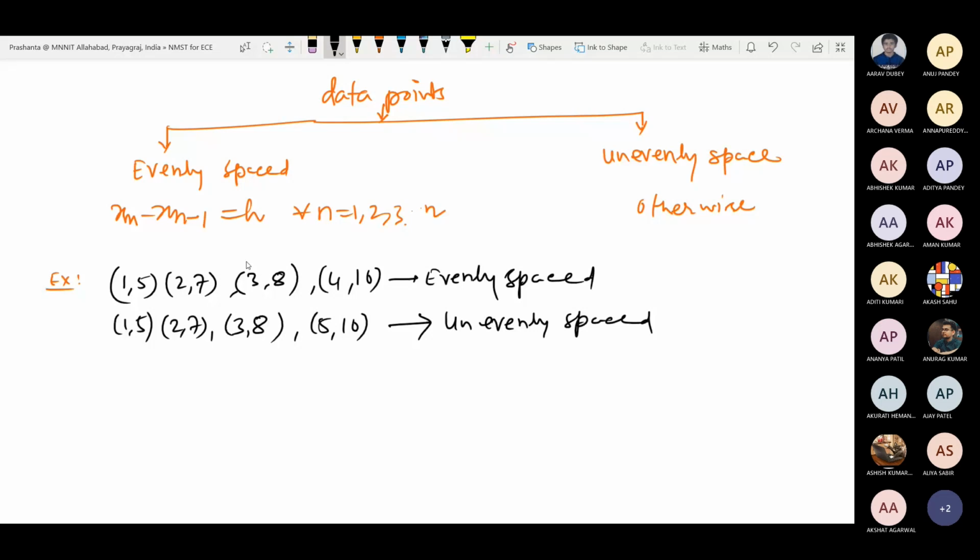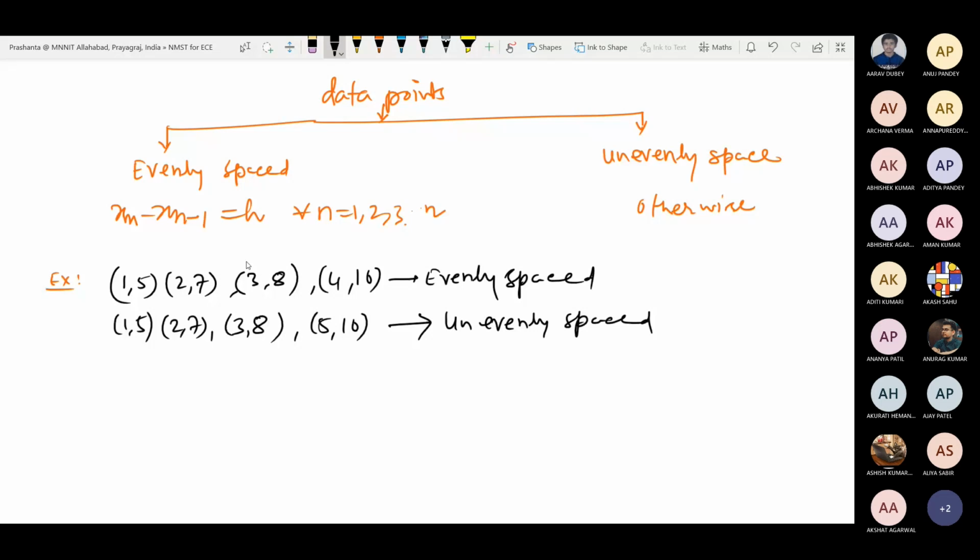The method or technique for unevenly spaced data points can also be used for evenly spaced data points, but the converse is not true. So methods for unevenly spaced data are more general. They can be used for any kind of data points. And we are going to learn some techniques which are applicable only to evenly spaced data points.